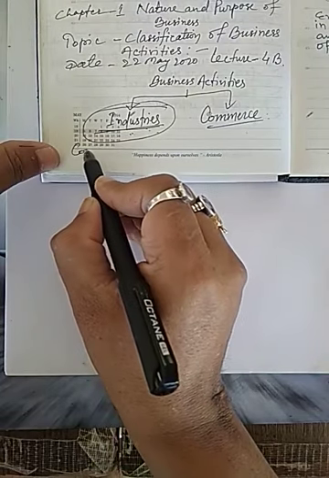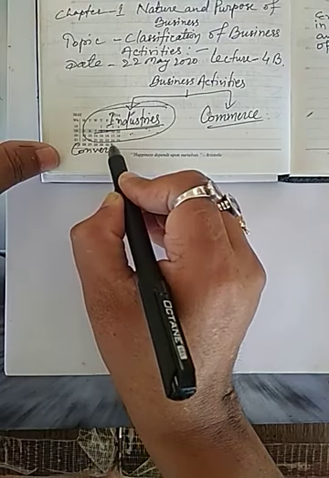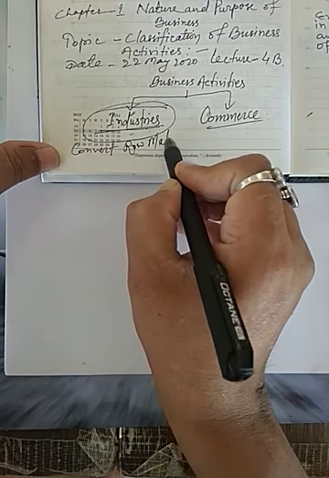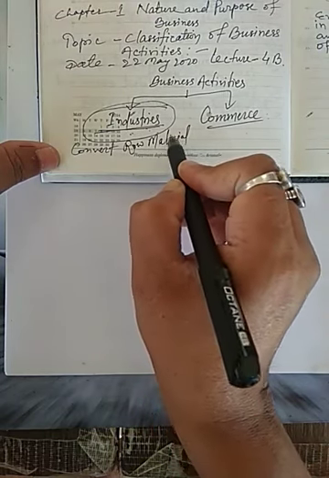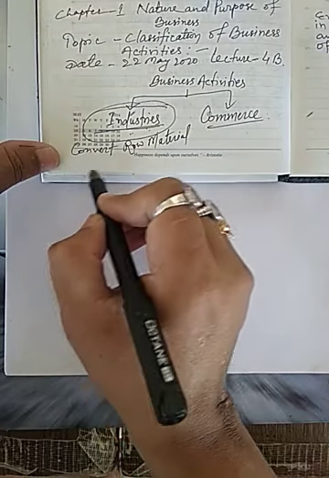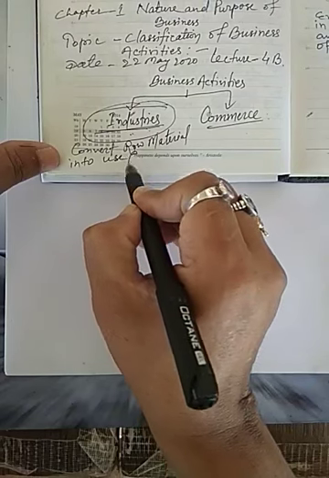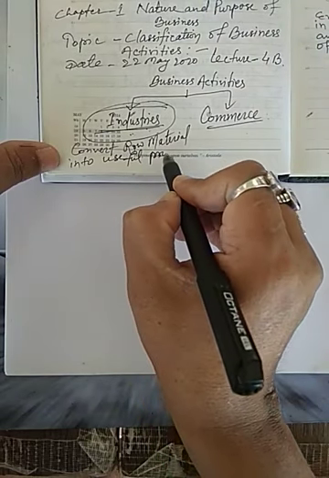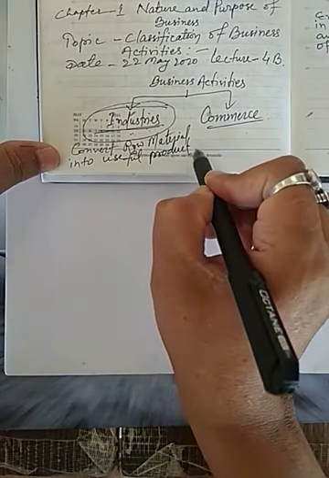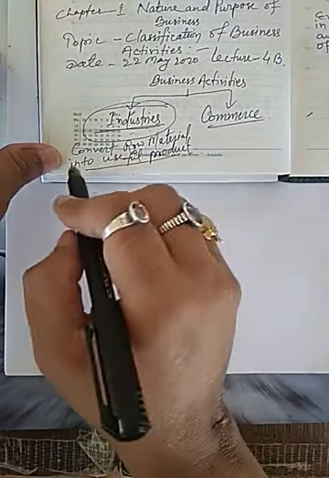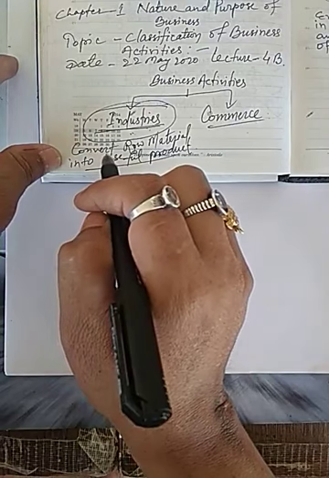Industry converts raw material into useful product. This is the definition of industry.